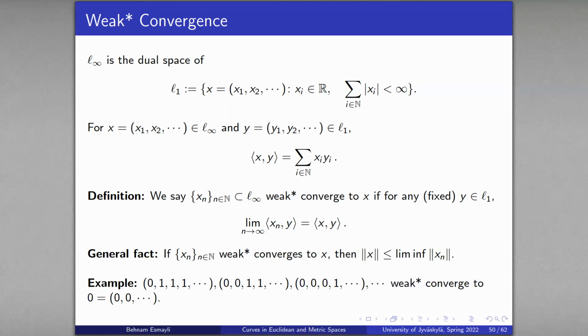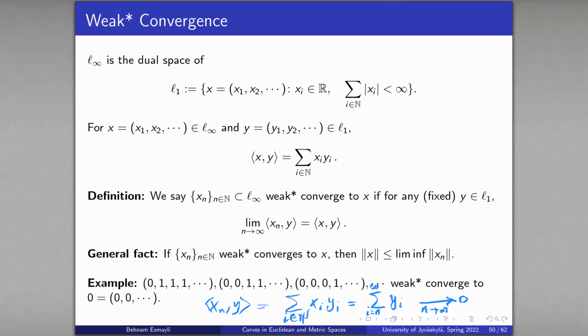The reason is that when x_n acts on y, this becomes the summation of x_i y_i, but notice that the x_i's are 0 until point n, and then the x_i's become equal to 1, so this becomes the tail sum of y_i. Remember that y is fixed, so this goes to 0 as n goes to infinity.